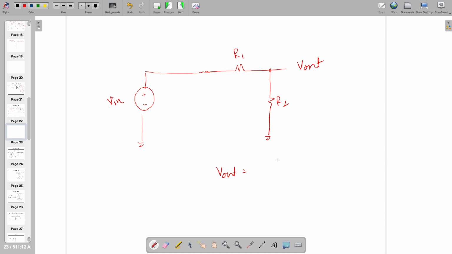Huh? V out is equal to V in into R2 by R1 plus R2. So it's a voltage divider, right? Now, if I'm adding something here, what do you think?